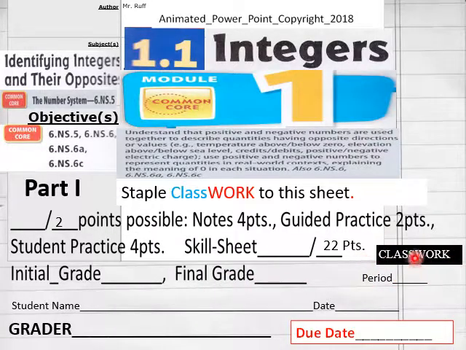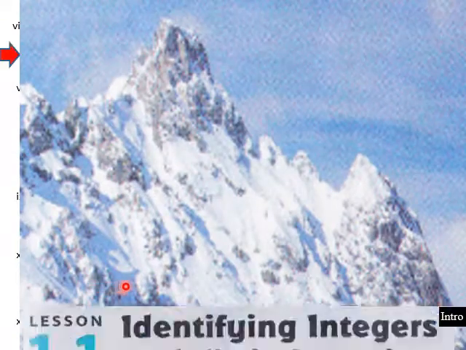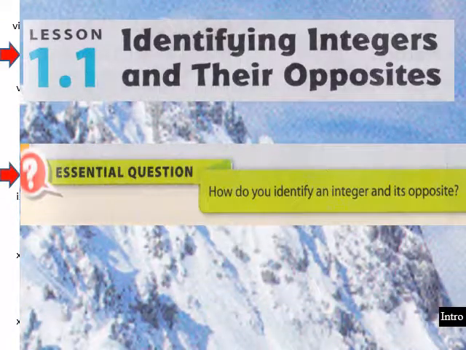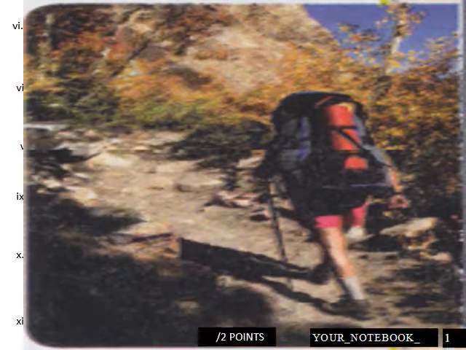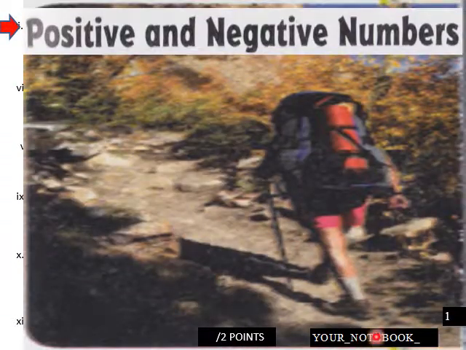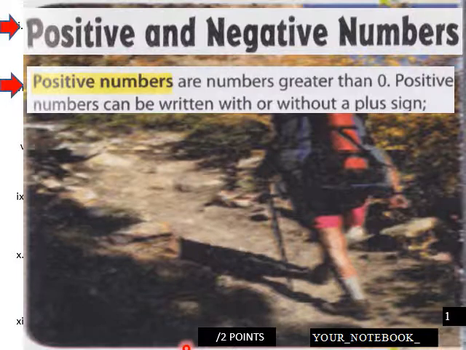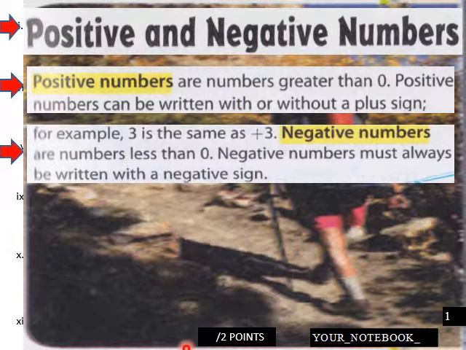Then we go into our official classwork. Identifying integers and their opposites. How do you identify an integer and its opposite? This goes into students' notebooks, on page 1 of this classwork. Positive numbers are numbers greater than 0. Positive numbers can be written with or without a plus sign.